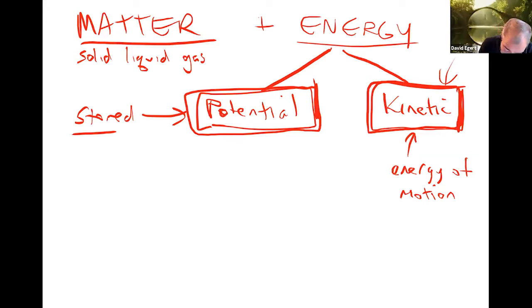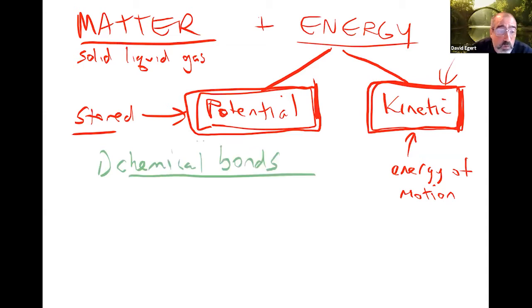Exactly. So we have energy stored in chemical bonds, and when we rearrange chemical bonds, depending on what the reaction is, we can release that energy. Again, that is why your food gives you energy. You take the sugar molecules and you break them apart.